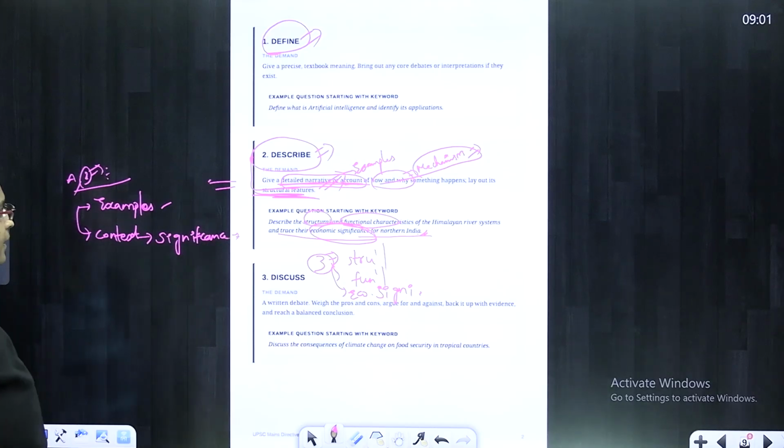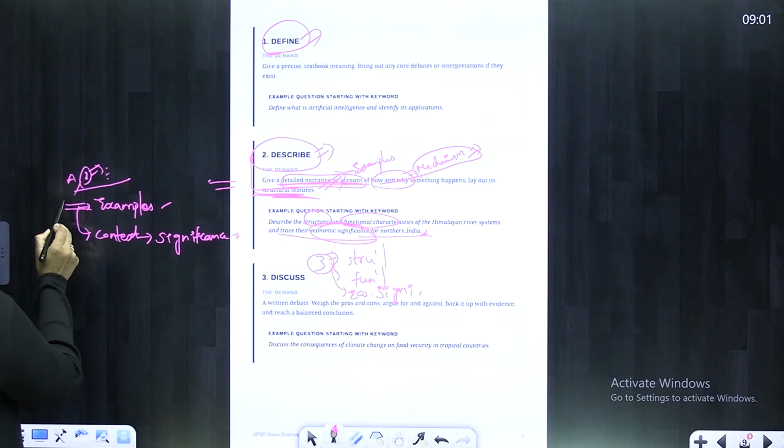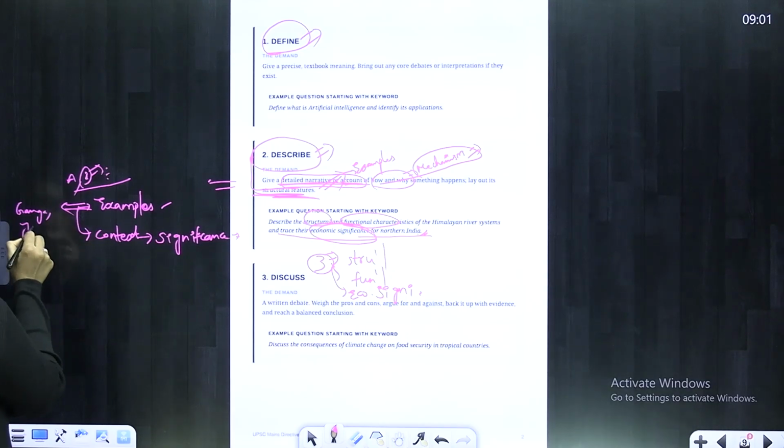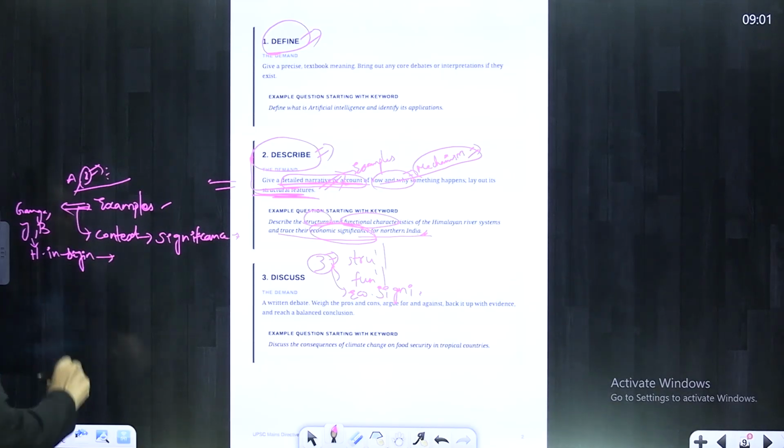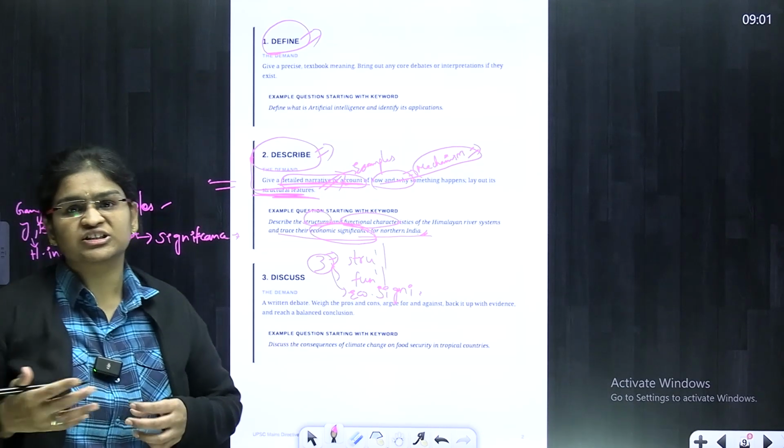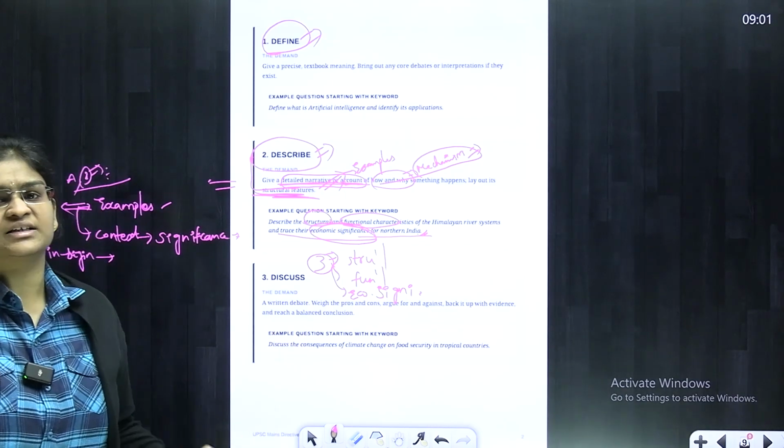Let's say, for example, we can start the introduction by writing: various rivers, especially rivers like Ganga, Yamuna, Brahmaputra, are Himalayan in origin, which have very good economic significance because of their structural and functional characteristics.